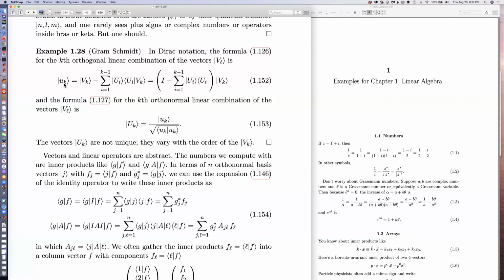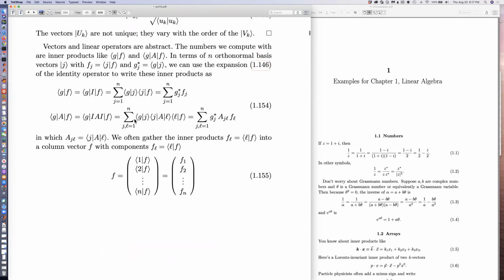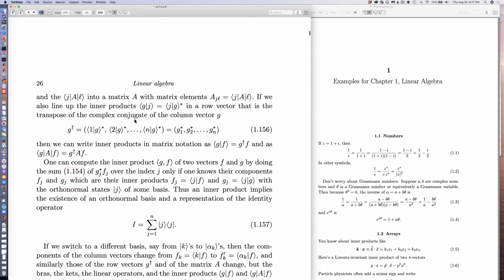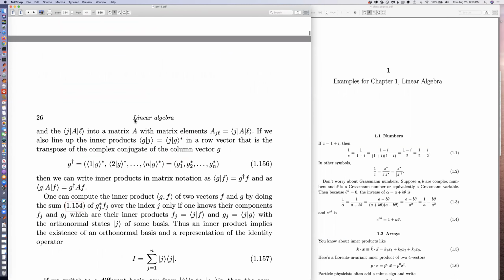The very first unnormalized orthogonal vector would be just the very first vector in your set. The second one is this thing acting on the second vector in your set, and this is the identity operator minus simply the U1, which is the normalized version of the first orthogonal vector. And so you just repeat this over and over again and you generate the set. As I said, it's just a procedure. It's not the only procedure.